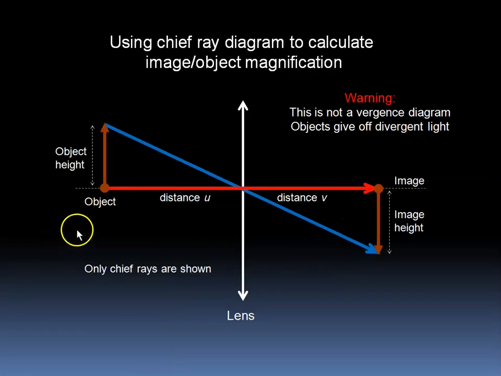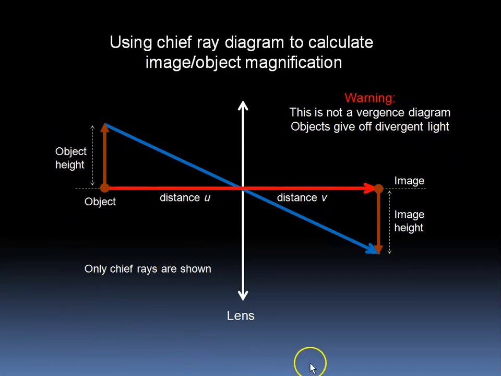This diagram shows only the chief rays that were part of the set of rays diverging from each of the 2 points in the previous diagram. The chief rays here are used to form 2 similar triangles so that we can then use them to compute either distance or image size given other information.